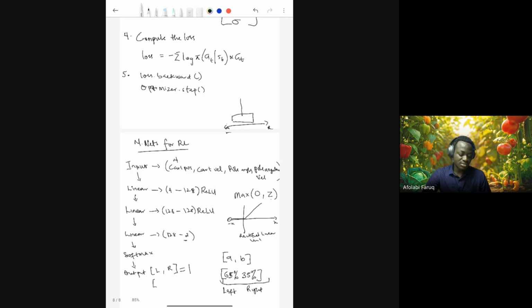It will return maybe 0.65 and 0.35, summing up to 1. And you use softmax when you are classifying, because in this case you are basically classifying what category to go for, or what category best fits given the values that you have.